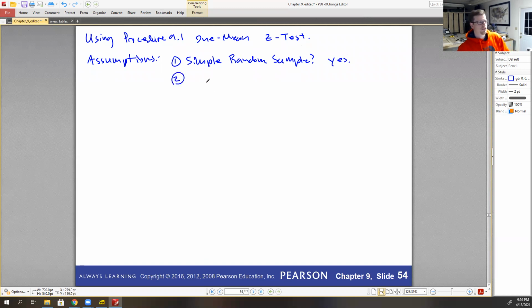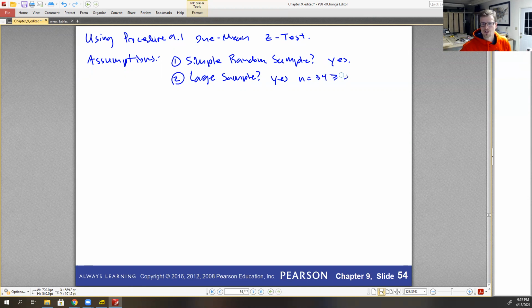All right, the next assumption was if it's a large sample or that the population is normally distributed itself. So in this case, do we have a large sample? And we'll say yes. And the size of that sample is 34, which of course is greater than or equal to 30. Right, 30 is the standard for large, or relatively large anyway.